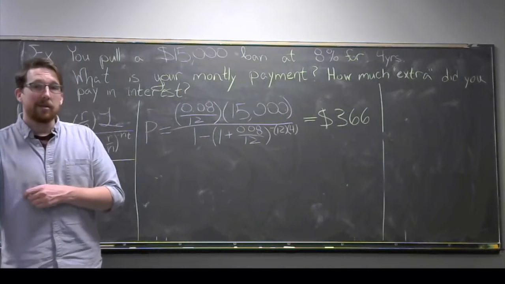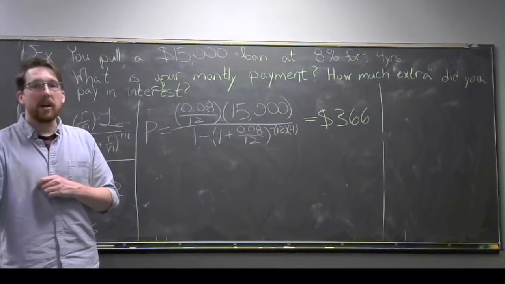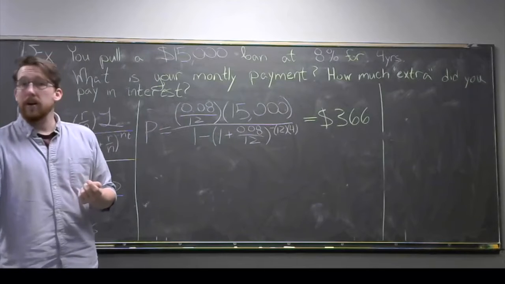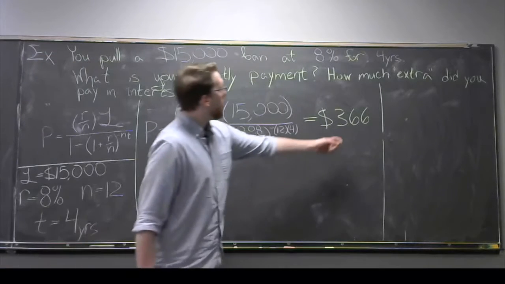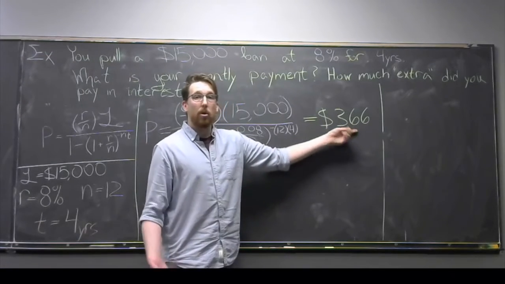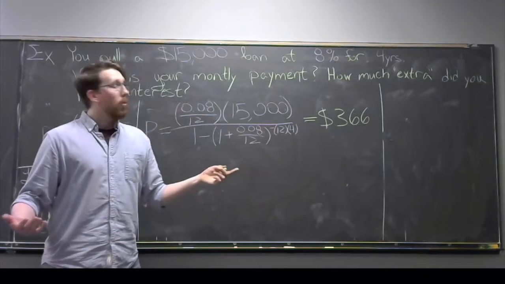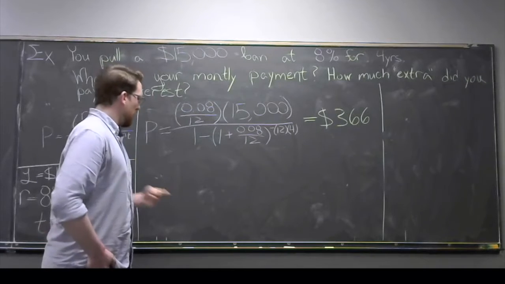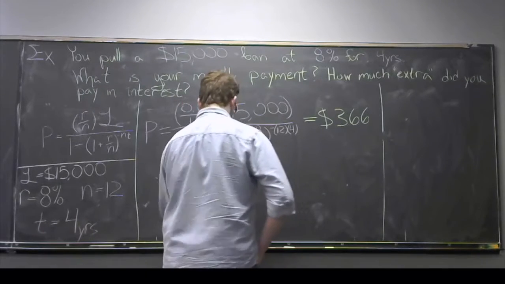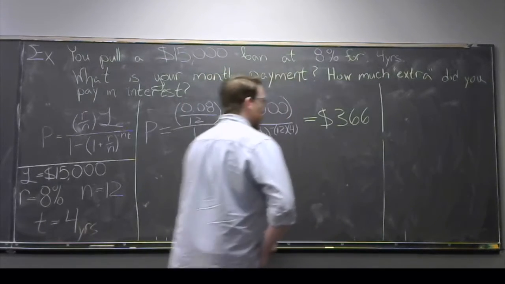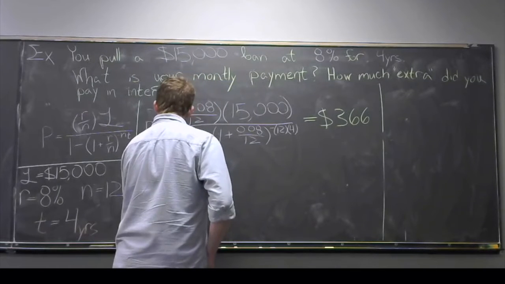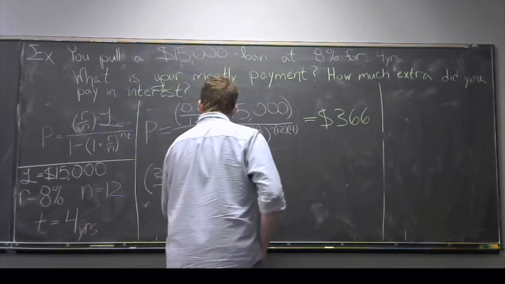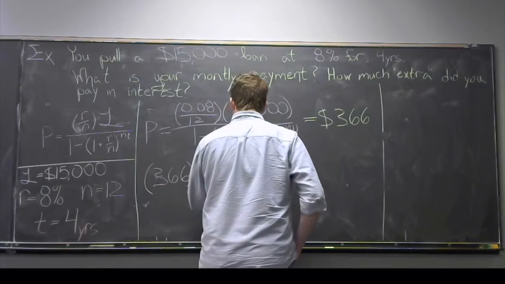Having said that, how much extra are we going to have to pay now to cover the interest? Let's find out. Since we're paying this monthly over 4 years, we're going to pay this amount 48 times, right? So we are going to pay 366 times 48.